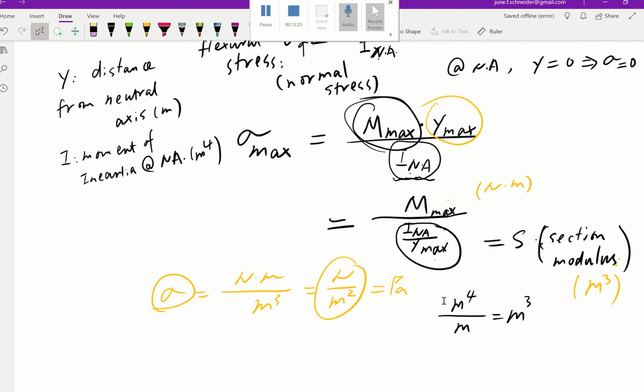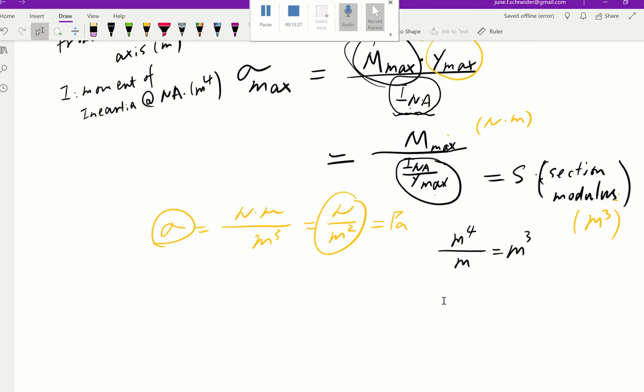For example, what is the moment of inertia of a rectangle regarding the neutral axis? What is the moment of inertia of a circle? This is something we need to know, so that's some homework for you, because we need to use it in the next video.